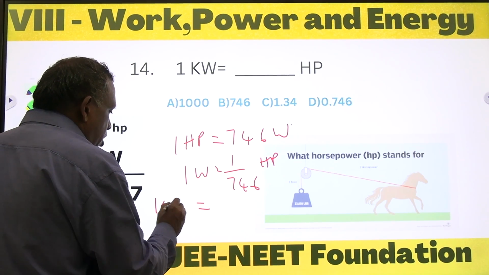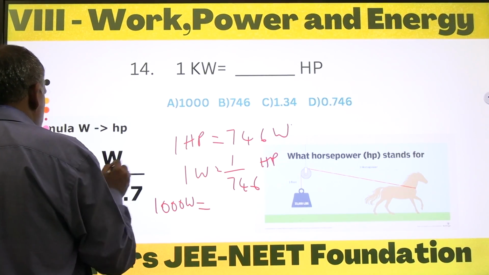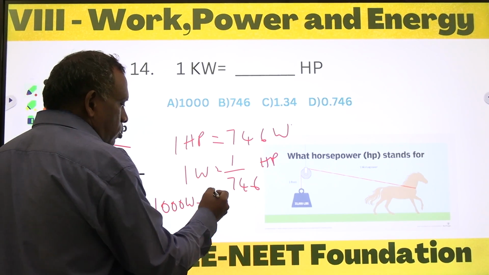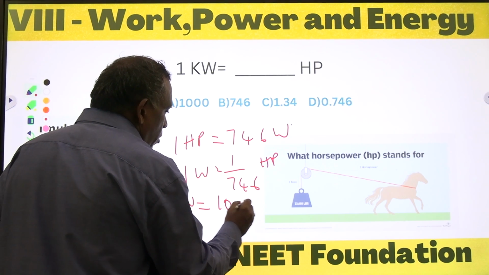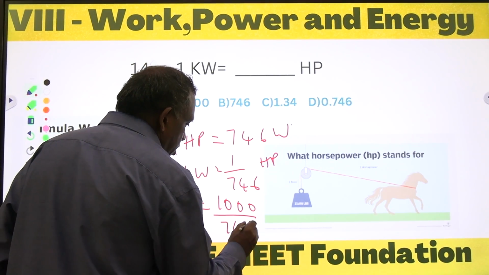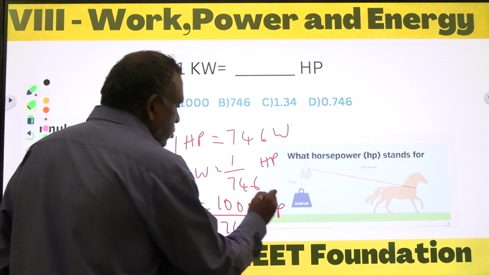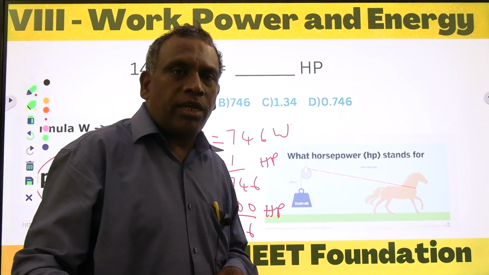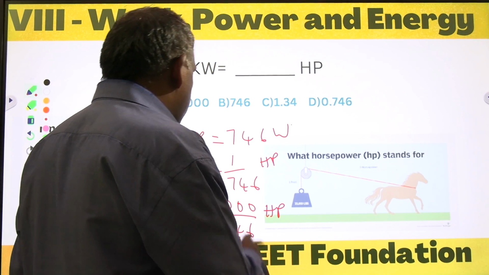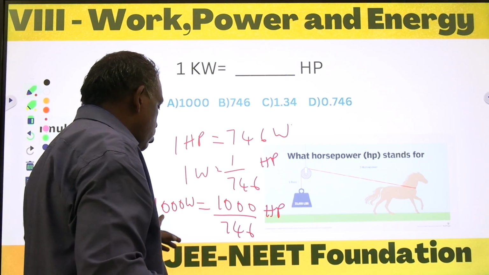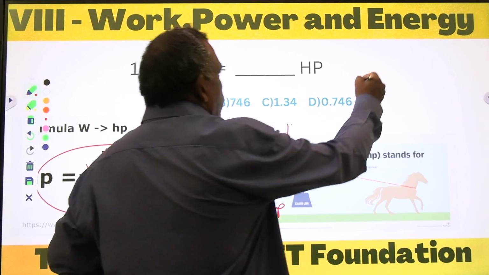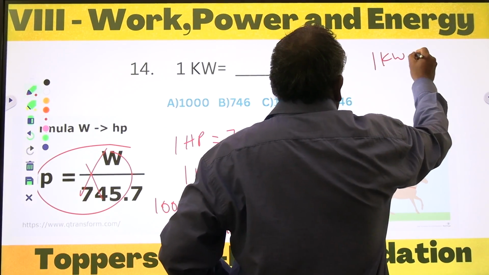Okay, there is a mistake in the given text, so 1000 watts is equal to 1000 upon 746, this is the correct one. Sometimes there will be mistakes, so be careful when you do it. 1000 watts is nothing but 1 kilowatt.